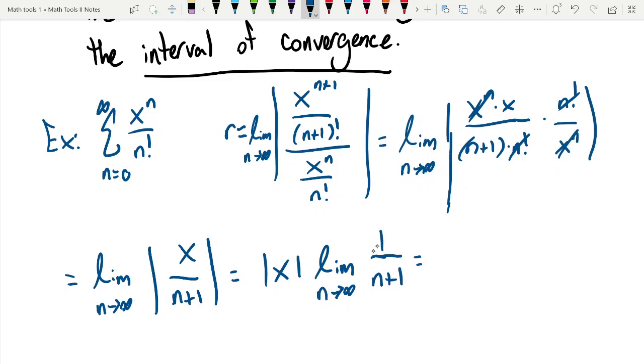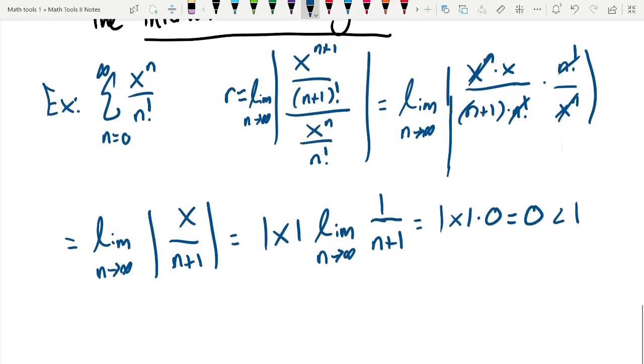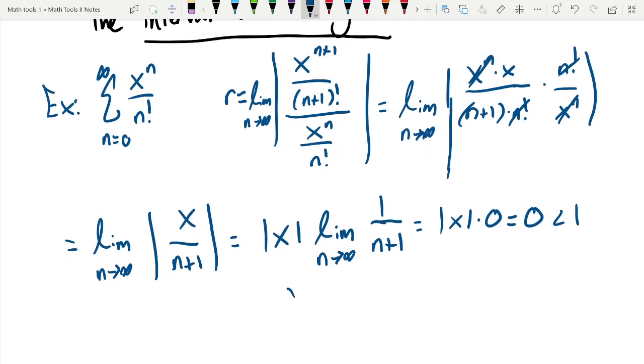So now this is going to be equal to 0, right? So this is going to be 0. What this is telling us is that no matter what the value of x is, this limit is going to be 0. We can plug in any number we want for x here, and this limit's still going to be 0. By the ratio test, this is less than 1, so it converges.